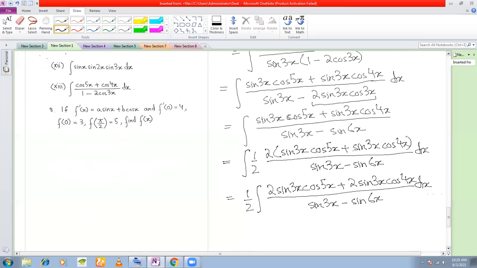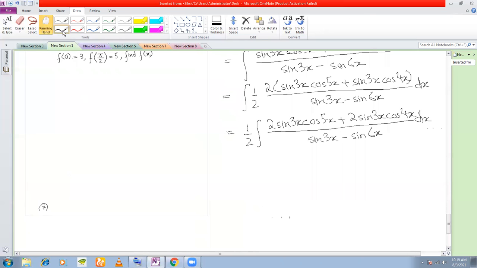Okay, so now you have the product form in the numerator. Half integral, 2 sine A cos B is sine A plus B, 3x plus 5x will give you 8x, plus sine A minus B, 3x minus 5x will give you minus 2x.